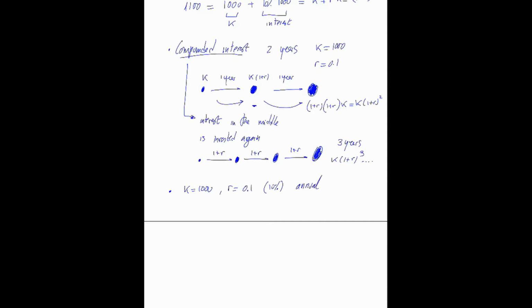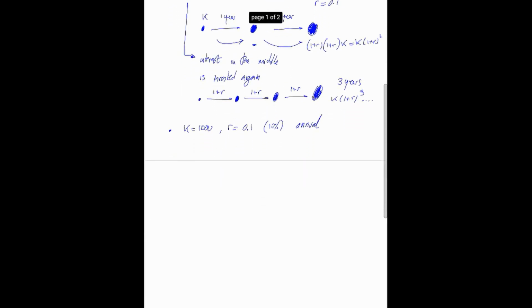But suppose the bank decides to make a deal with you, and instead of paying everything at the end of the year, you invest 1,000 on January 1st, and at the end of half the year, on June 30th, the bank gives you 5% interest with the condition that you keep it in the bank. So at the end of December, the bank will give you the first 5% and the second 5%.